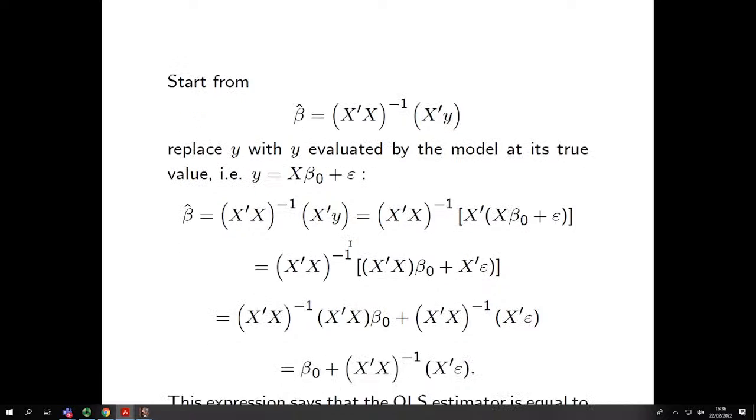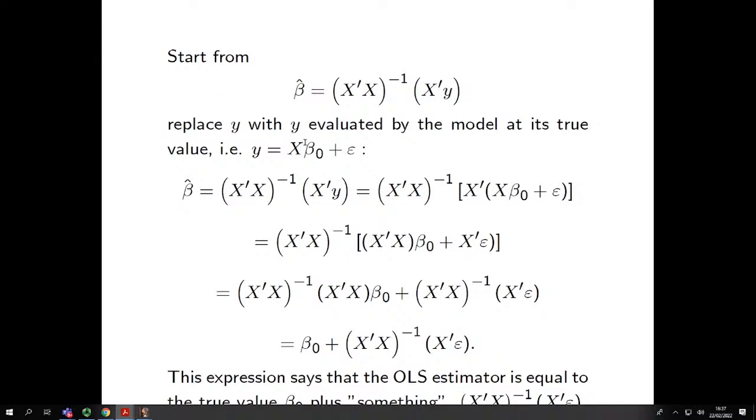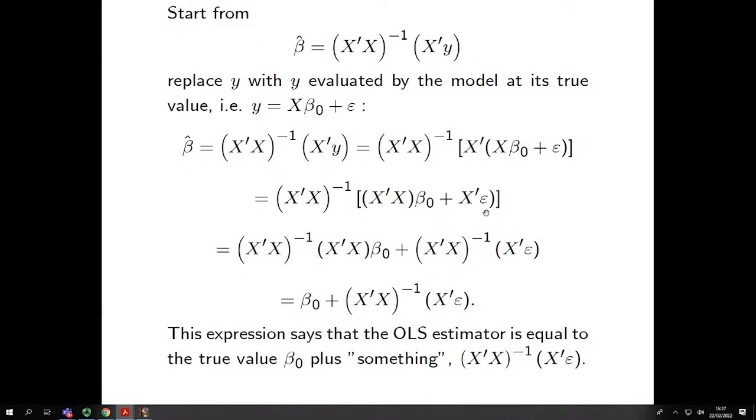And yesterday we finished at this point: if you take this estimator and replace y with the model, with this expression evaluated at the true parameter beta 0, after some algebra, simply algebra, you end up with this expression: your estimator is equal to the true value plus something.